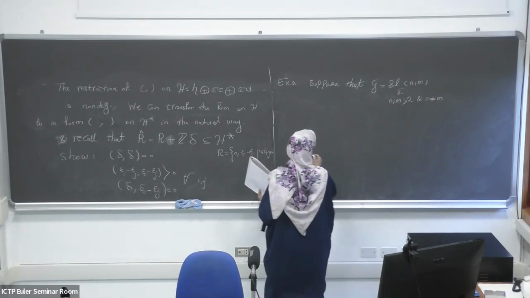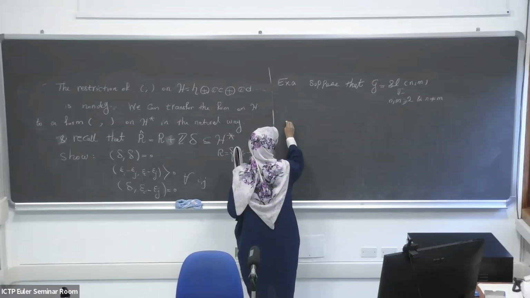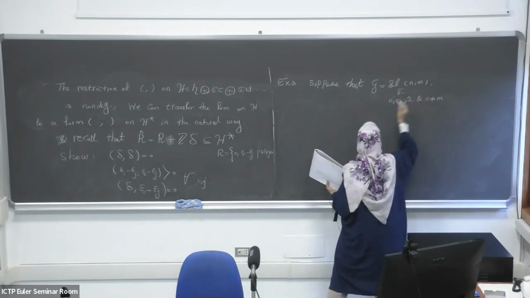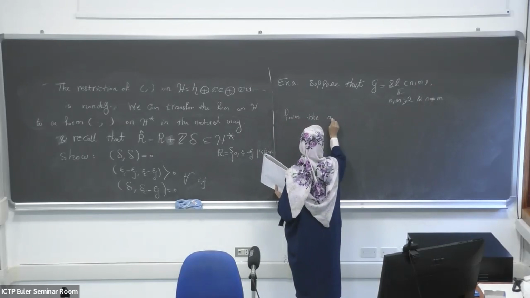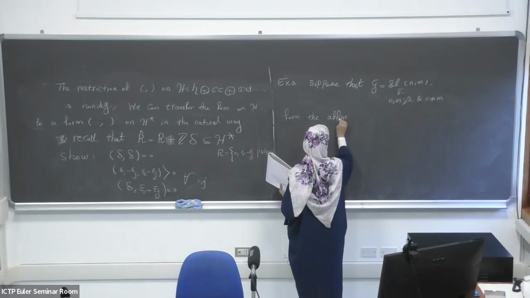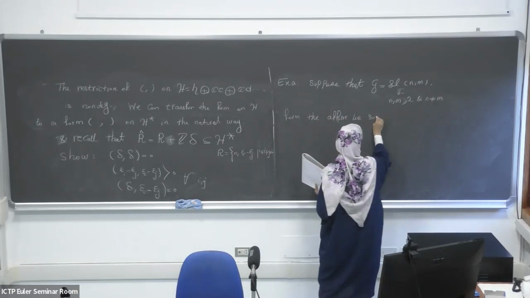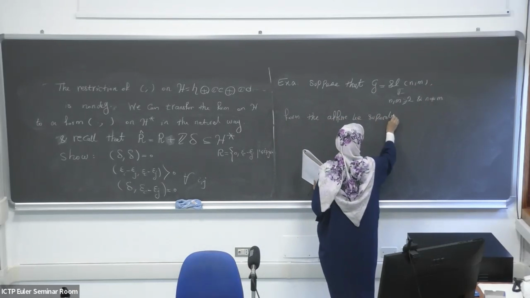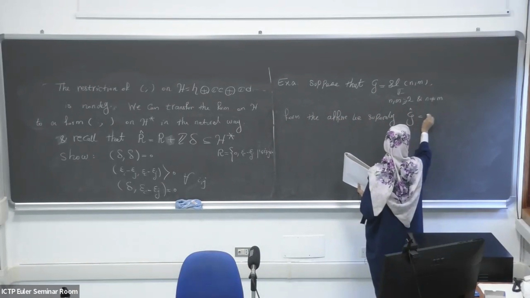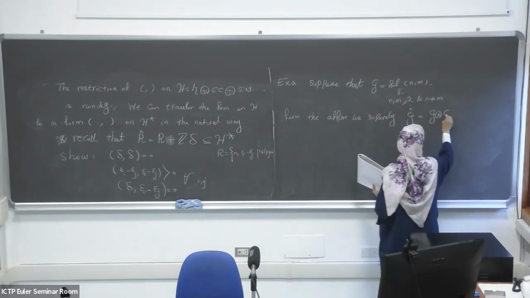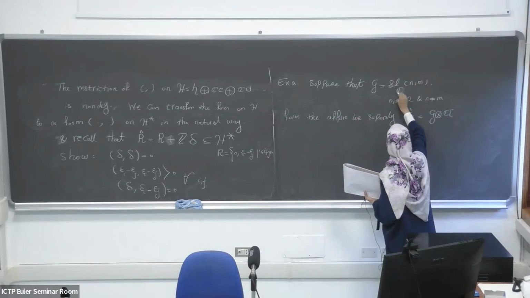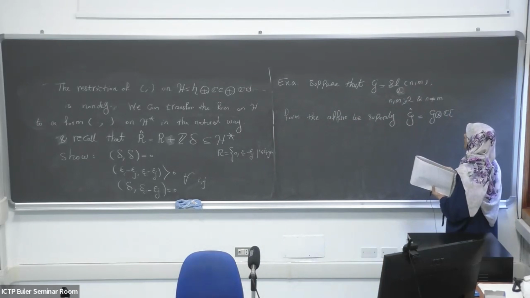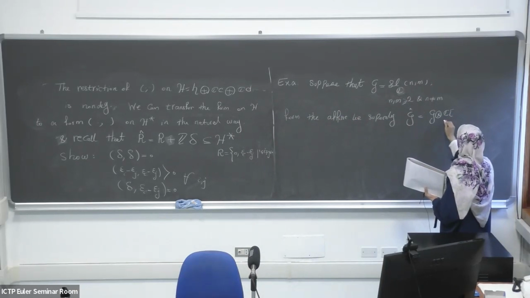Again, for the affine superalgebra G hat, G tensor C. Again, I assumed to take C as my field.